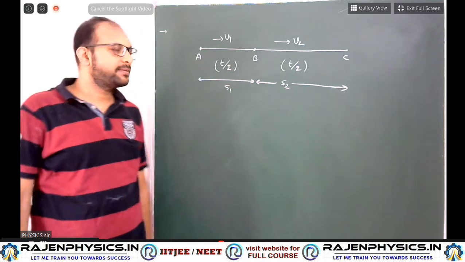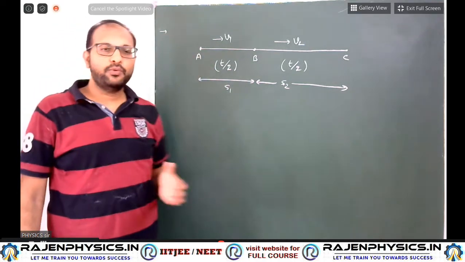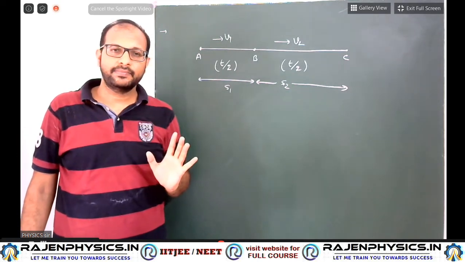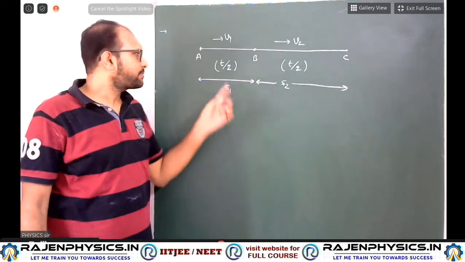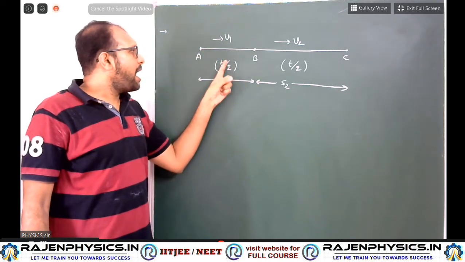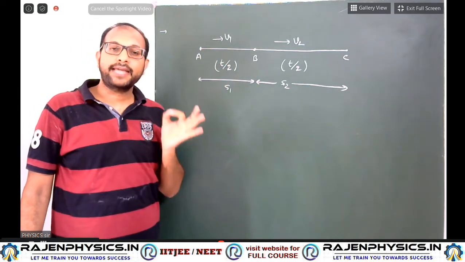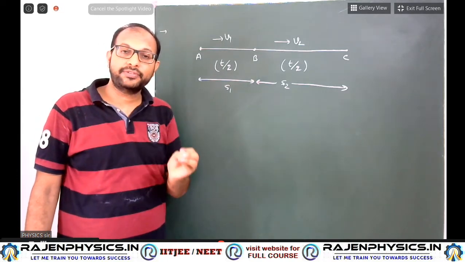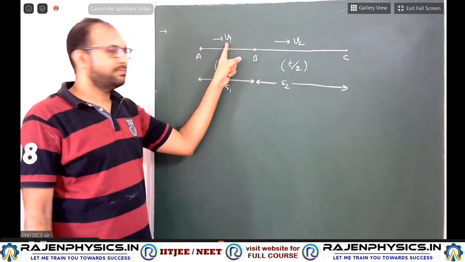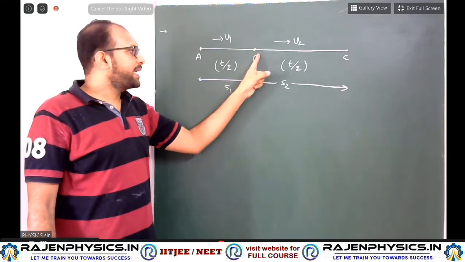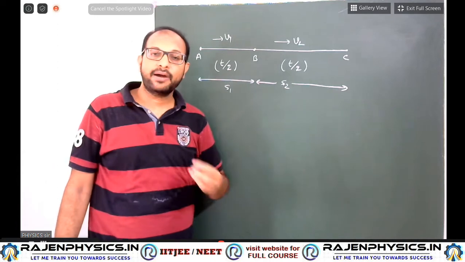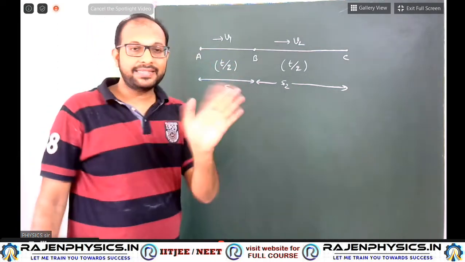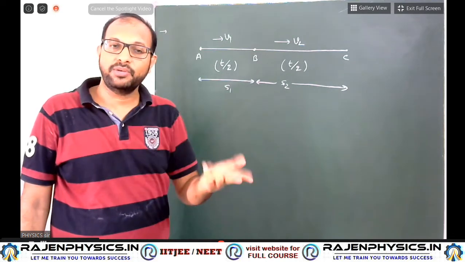Yes, students, a particle moving along only the positive x-axis without return journey covers half of the total time of travel with the speed v1, and the next half of the total time of travel with velocity v2. First half, not the distance, students; distance was the previous case.